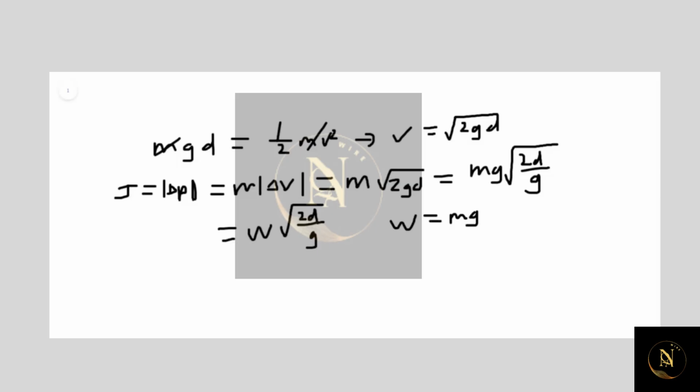Thus, the average force on the lower floors, we'll call this F average, is equal to J over delta T, which is equal to W over delta T times the square root of 2d over g.